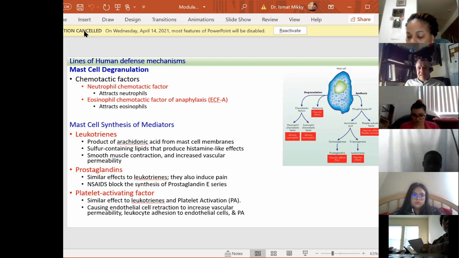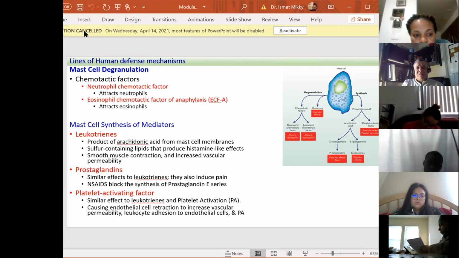Another mechanism is that the mast cell will result in an inflammatory response by synthesizing and producing chemical mediators like the prostaglandins, leukotrienes, and platelet activating factor.